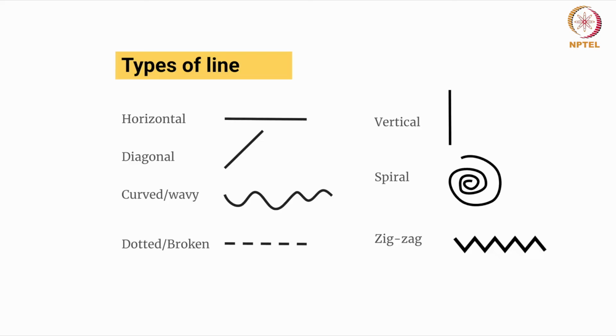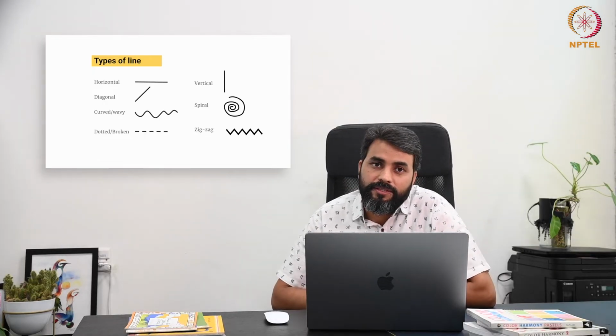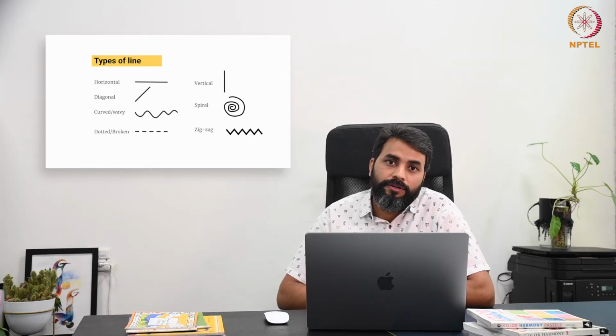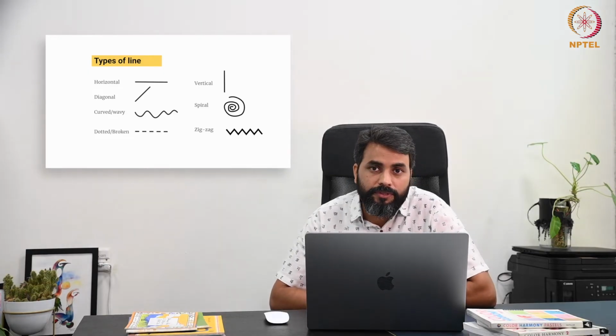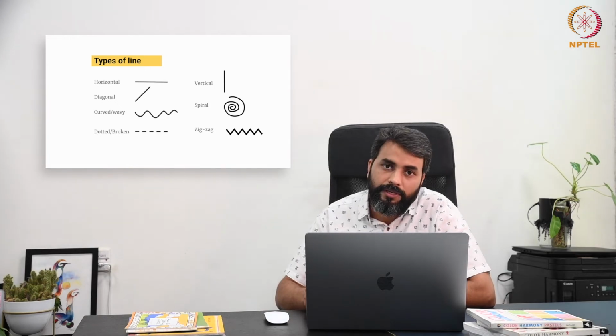We can also have spiral or zigzag lines. So in graphic design, lines can guide the viewer's eyes in terms of organizing the information, and they can also influence the overall visual flow of a design.